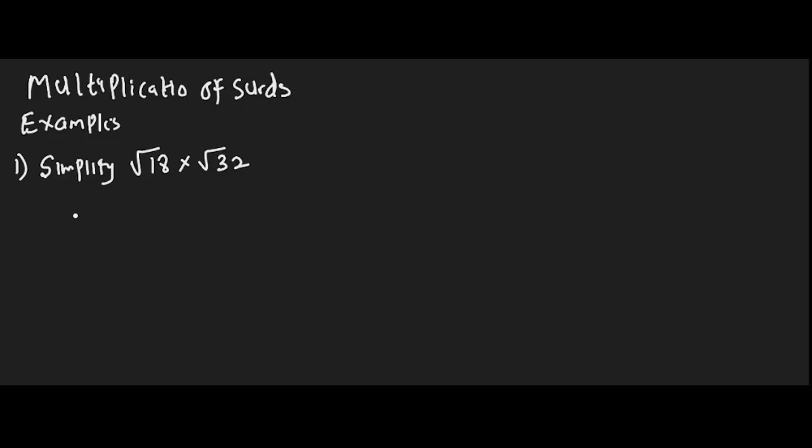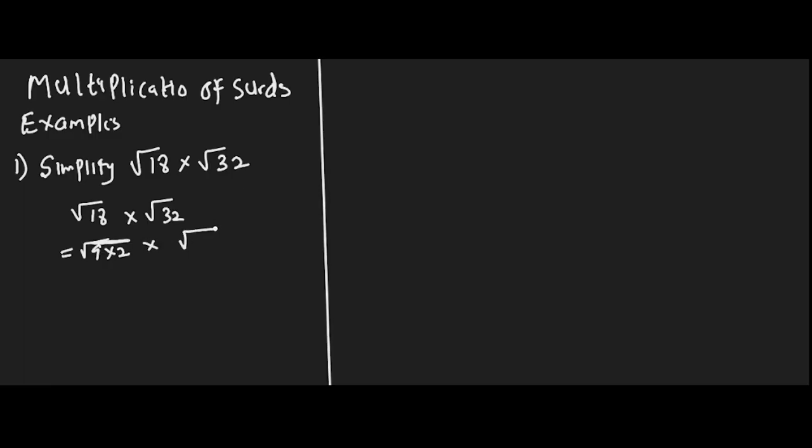Then we have root 18 times root 32. Now this is going to give us root 9 times 2 times root 16 times 2. This is 3 root 2 times 4 root 2.